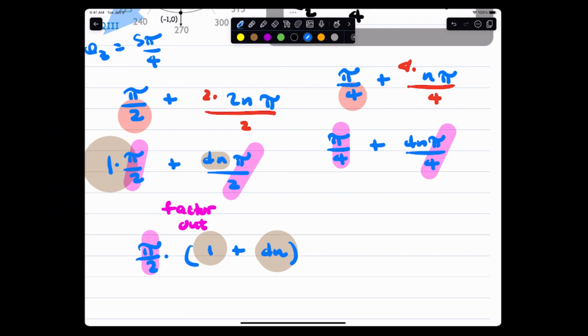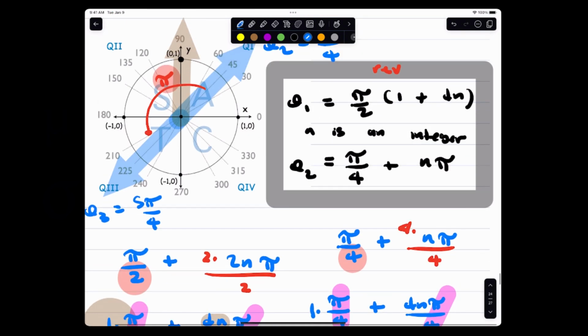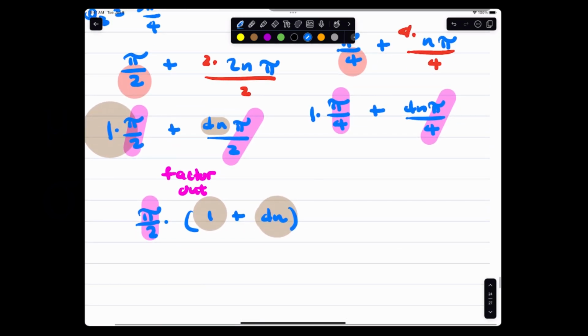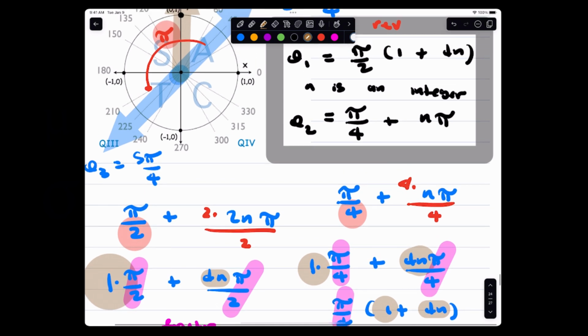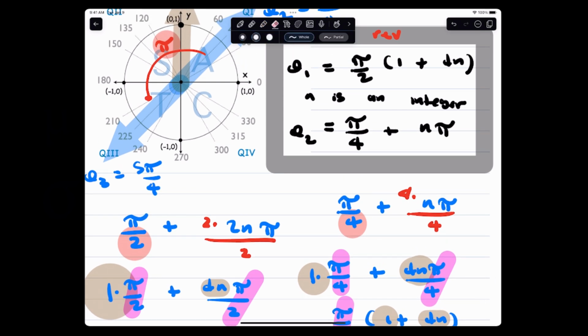So we're kind of very similar here in the sense that, what is this here? There's a 1, is that right? So you take out your pi over 4, and that's 1 plus now 4n. So this is very similar. That's what got me, it was very similar. This is pi over 4, 1 plus 4n. Here's a sequential form.